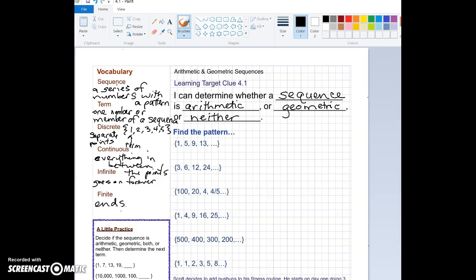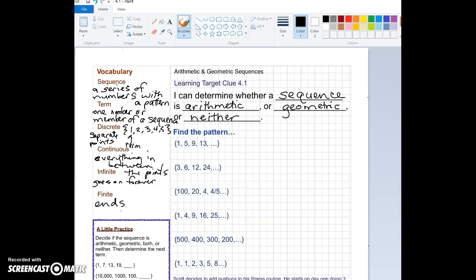And that would tell me when my sequence ended. But if I am counting how often a cell divides or bacteria growth, that could go on and on and on forever. So you need to understand the difference between finite and infinite sequences. One has an end, one doesn't.